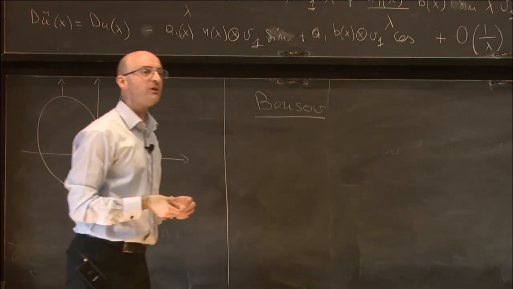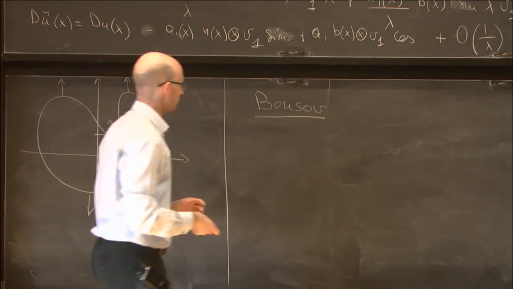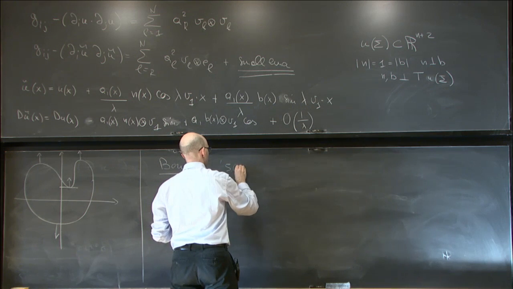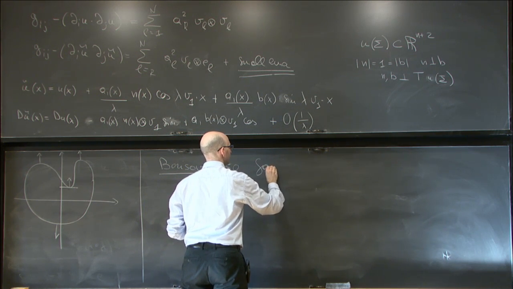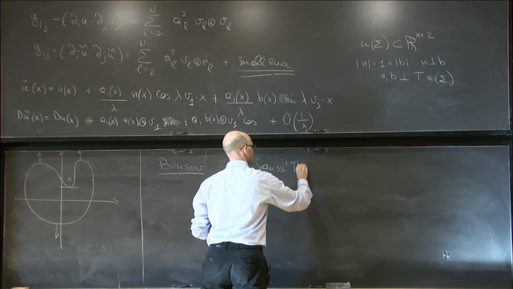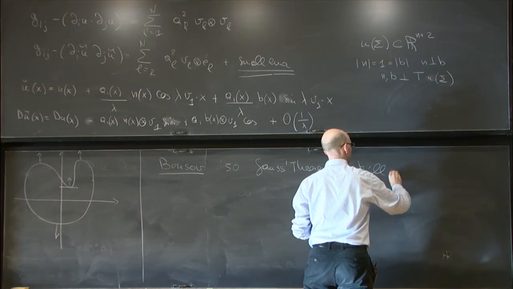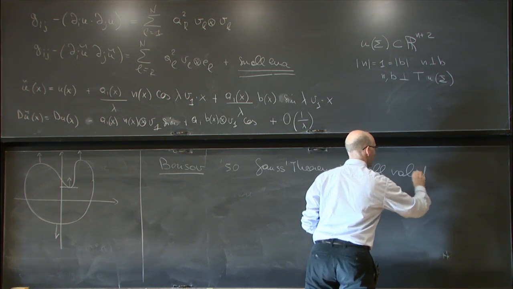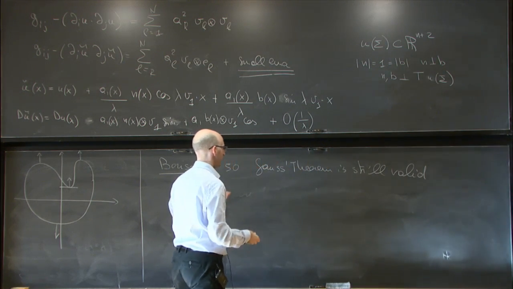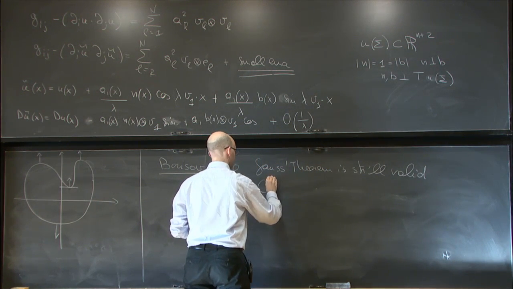So Borisov in the 50s proved that Gauss theorem is essentially valid if you don't have two derivatives, but you have one derivative and enough Hölder regularity for the one derivative.